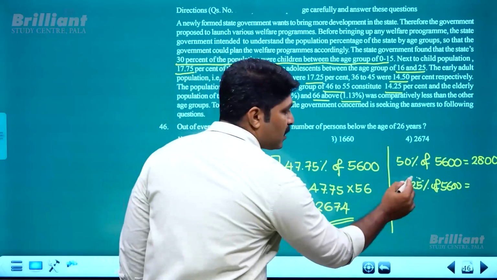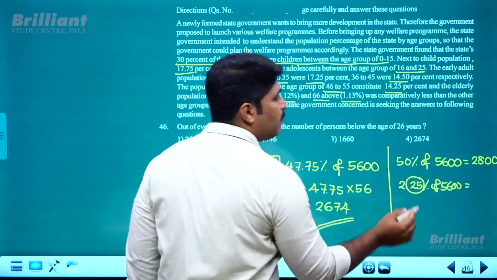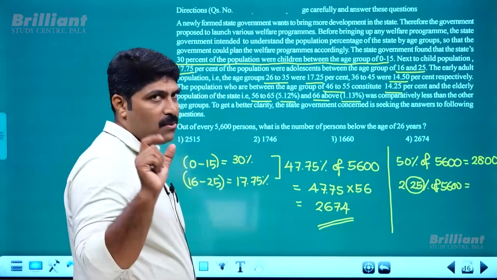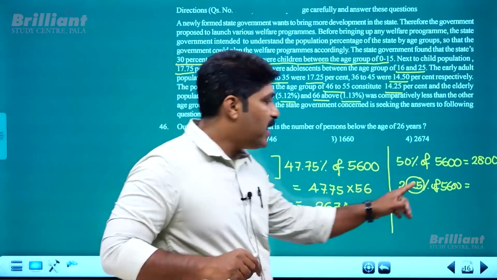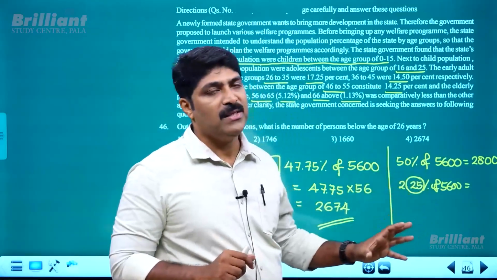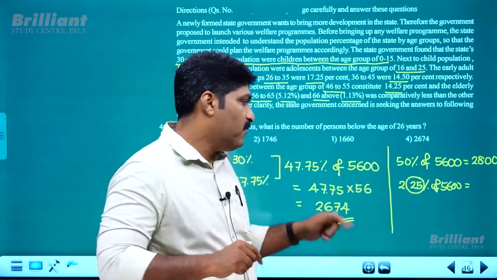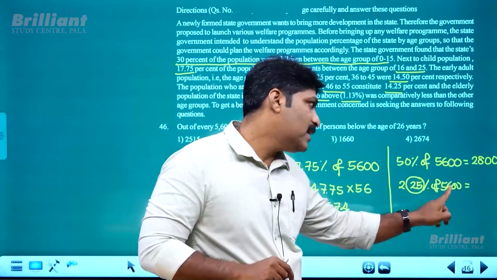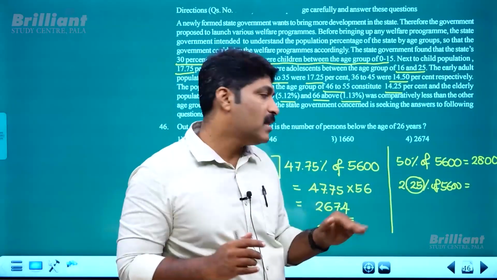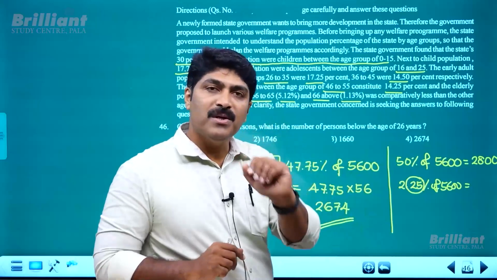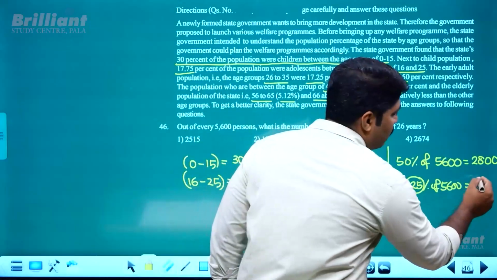Immediately you just consider what is approximately 2% of 5,600. Like that also we can do the operation. If we are subtracting 2% of 5,600, we are doing an approximate type of operation. 1% of 5,600 is 56. 2% is 112.